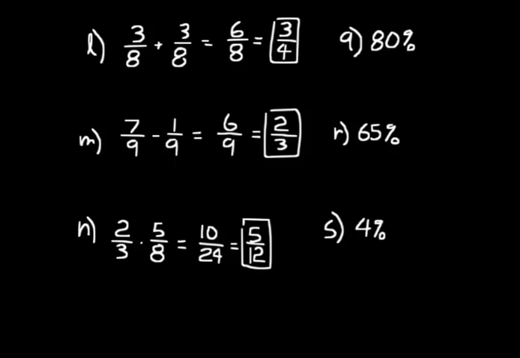Let's just do a couple more problems. These deal with percents, and what we want to do is write those percent values that I have as reduced fractions. You're thinking, well, how can I write that? Well, you just have to remember that percentage is a fraction, right? 80% means 80/100.